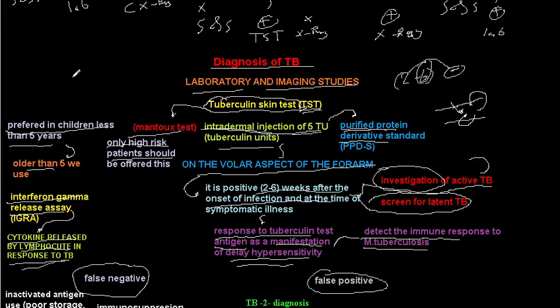So when you have TB, the lymphocytes will release some cytokines, and these cytokines will be detected by this test. This is for those older than 5 years, but we can still do the tuberculin skin test for older patients, even in adults.